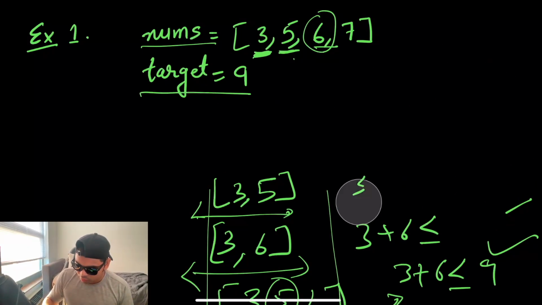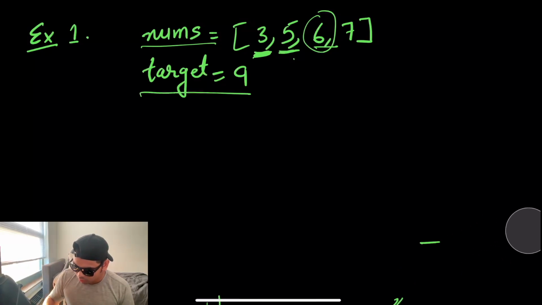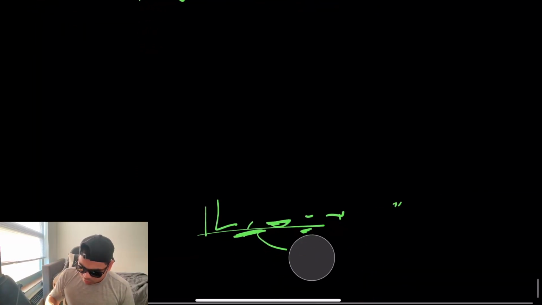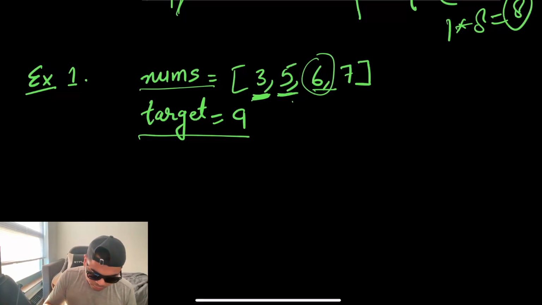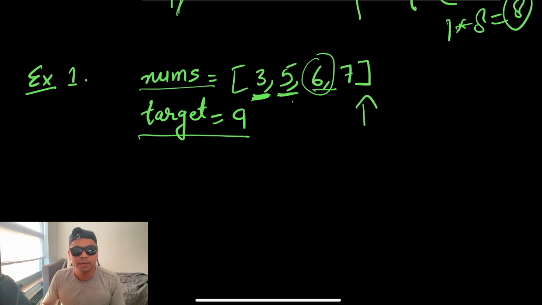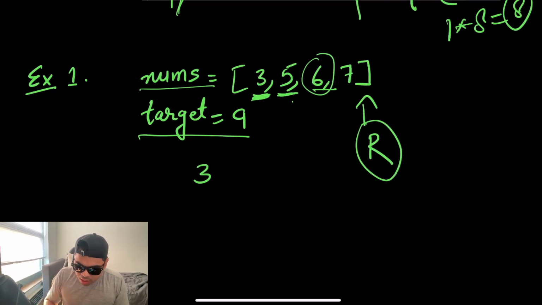So how about we go over each value, and for each value we have another pointer pointing at the end of the array. Let's say I'm starting at 3, and my right pointer is pointing to the end. Whatever values I see here are the values that I'll be choosing, and this is my minimum.